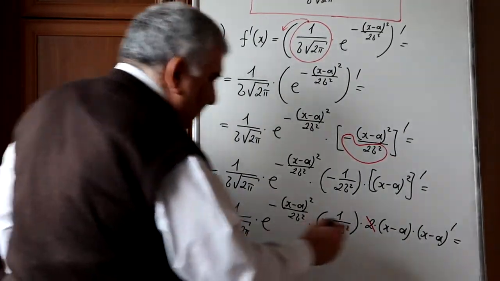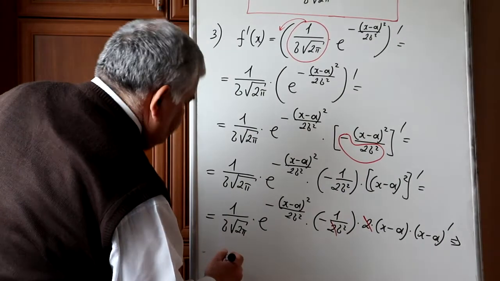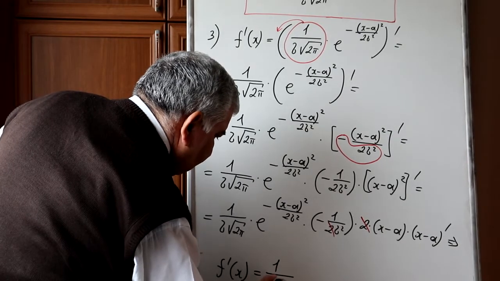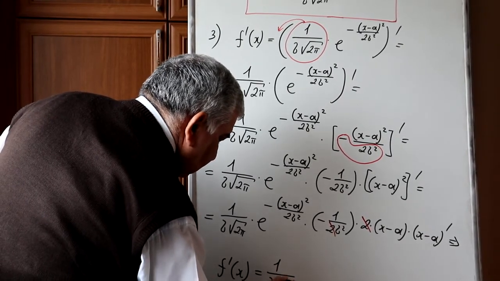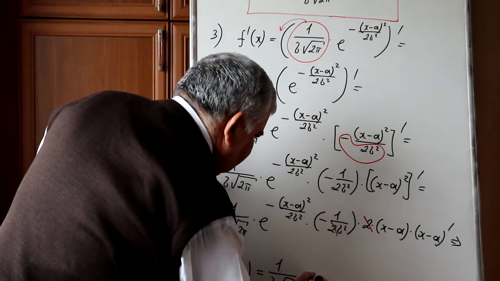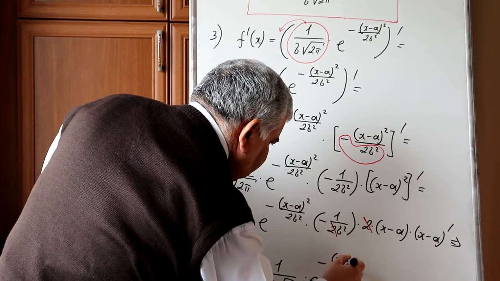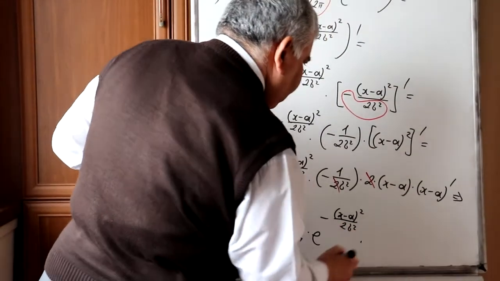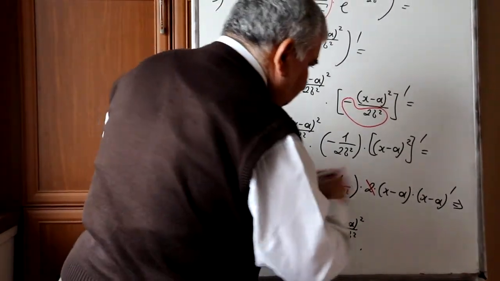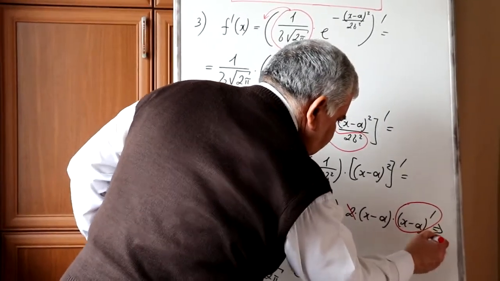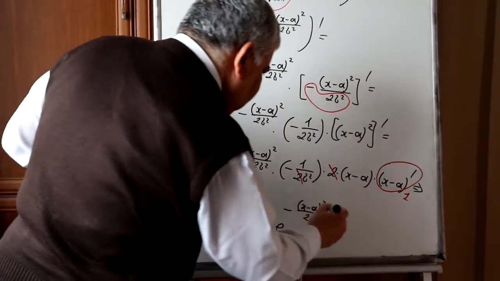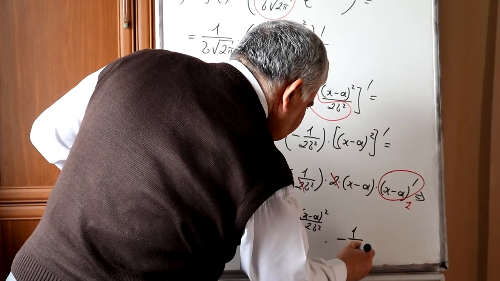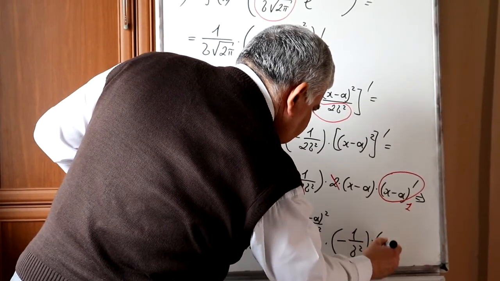And finally, we have that f prime of x is equal to 1 over sigma multiplied by square root of 2 pi multiplied by e to minus x minus a squared over 2 sigma squared, then multiplied by minus 1 over sigma squared multiplied by x minus a.